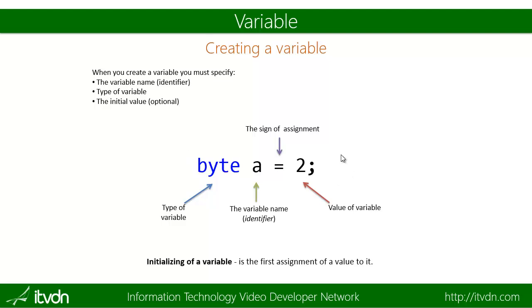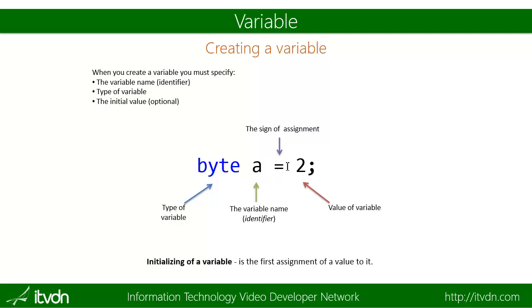So, here we have the same variable we created just a moment ago. Of course, the type of the variable is byte. So we have a byte-typed variable which can hold a value of 0 to 255. The name of the variable is A. In our case, we just named it A. You can call it whatever you want, but in this case, we have just named it A. And this is like the assignment sign.